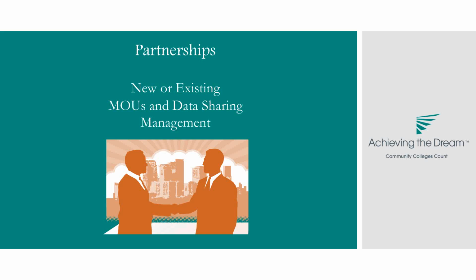So as you're thinking through these partnerships, new or existing, like I said, you want to think about MOU or grant agreements. Do you have them? If you don't have them, how will you secure them? And in both cases, you'll want to think about, do you have access and ownership of your data? And do you have the ability to share that data with a third-party evaluator?